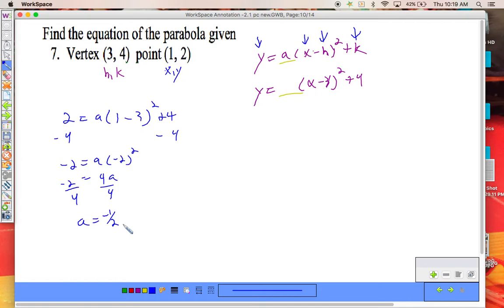I get a equal negative 1/2, so all I'm going to do is bring that over here, substitute it in, and I'm done. So you're given the h and k, plug that in automatically. Then use that h, k, the x and the y that you're given, and find the a value.